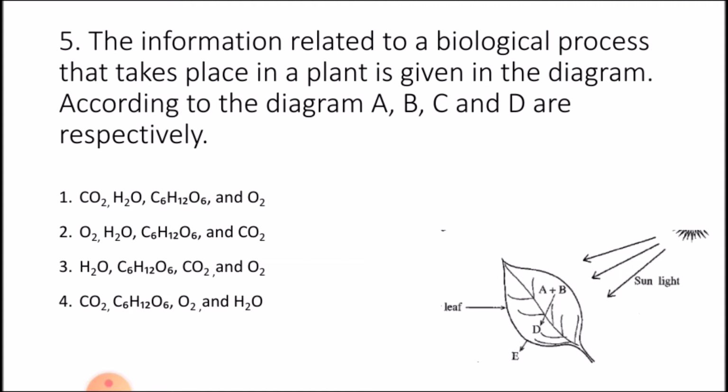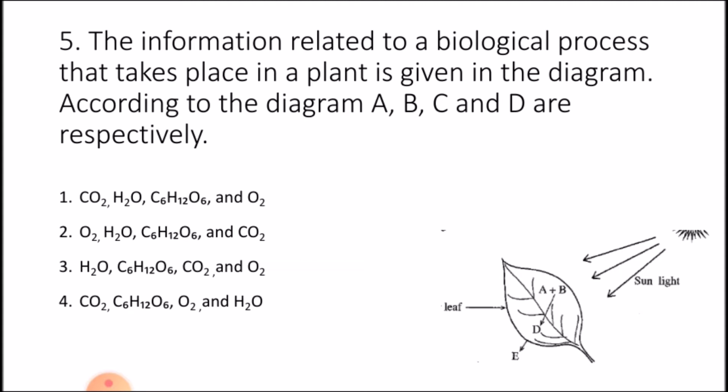So here this is related to photosynthesis, and here it should be A, B, C, D, but in the diagram it is given as A, B, D, E. It should be A, B, instead of D we have to say C, and instead of E we can define it as D. Okay.